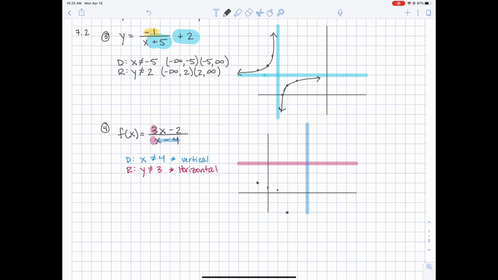Now, here's the thing about these rational functions: once you have one point, you can go ahead and mirror it.